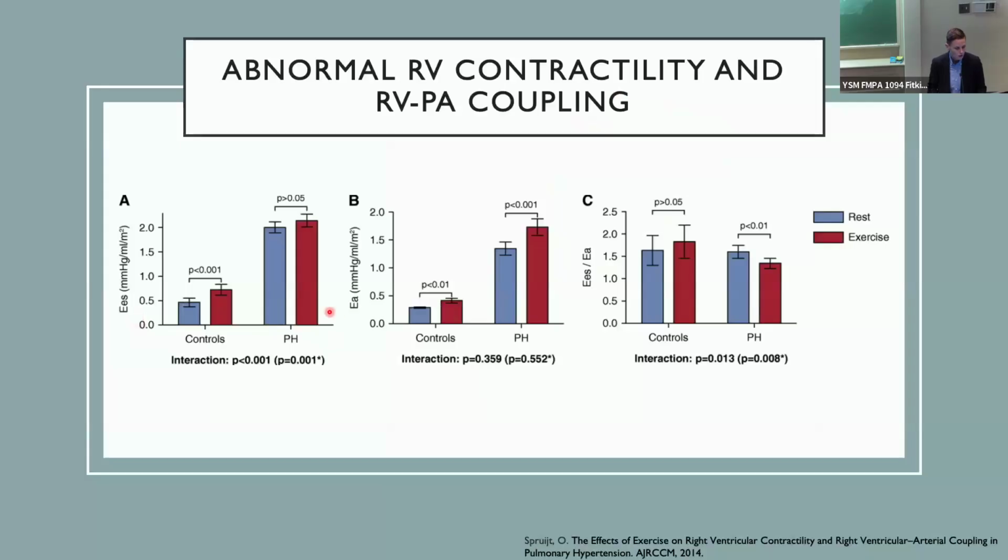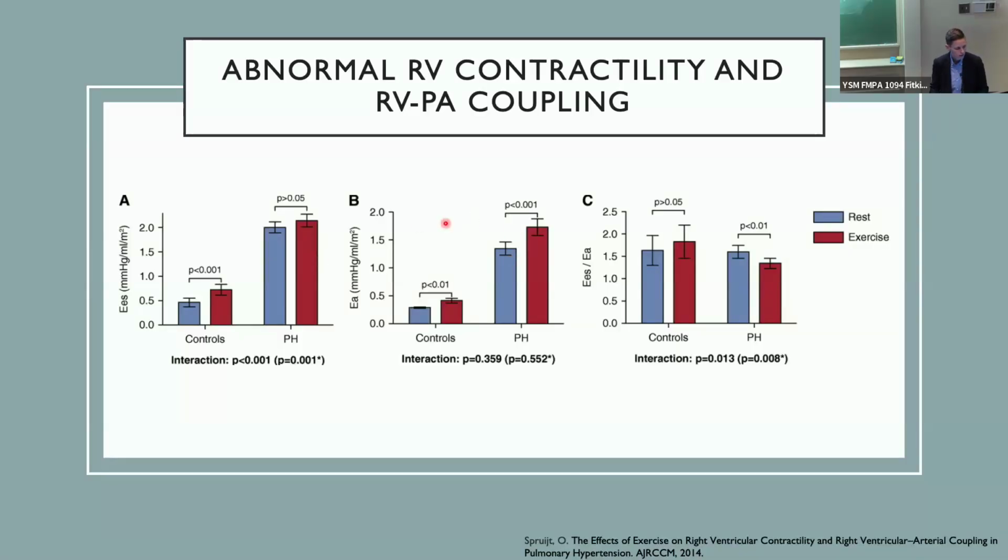Panel A here shows end systolic elastance, which remember is our load-independent measure of RV contractility. In patients with PH, which we see over here, our contractility is already elevated at rest. So our RV operates at a higher baseline to overcome increased afterload. But it fails really to increase further with exercise. So contractility is perhaps maximally increased at rest.